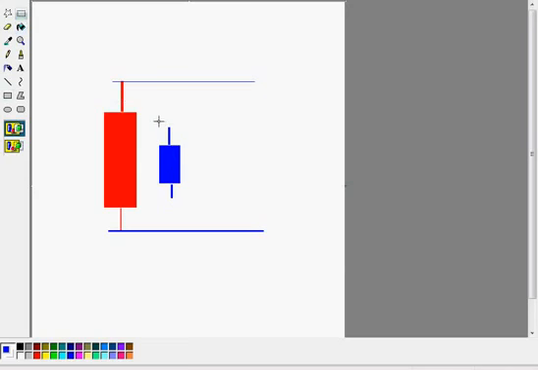Suppose this candle might not be like this. It might be like, suppose it had been like this. So here you can see that the high is inside the high of the previous candle, but this low is not inside the high and low of the previous candle.